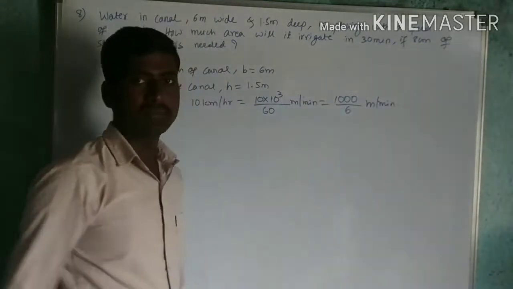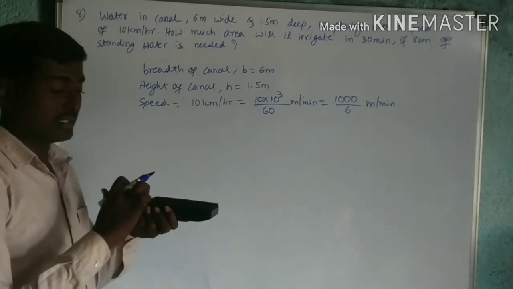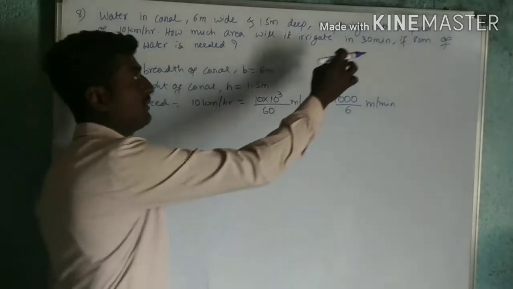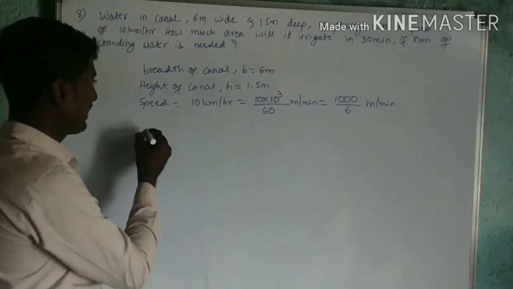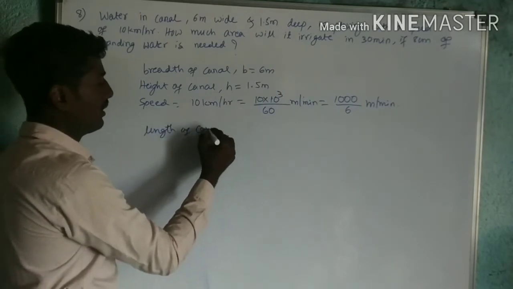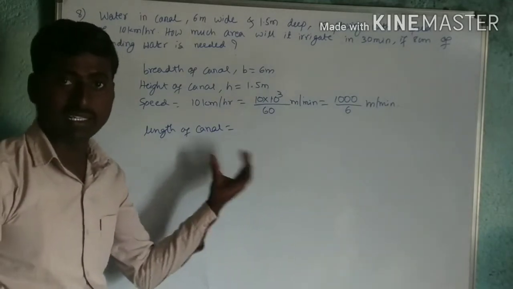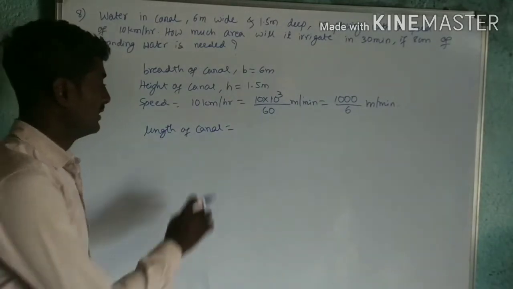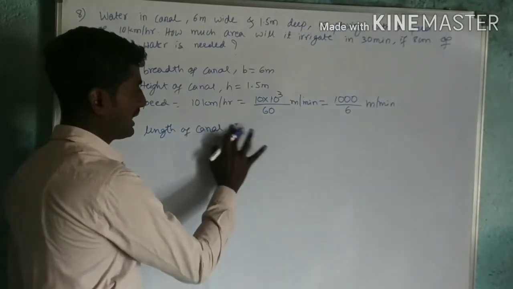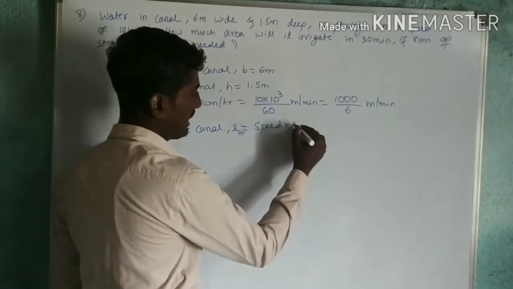This is the speed. But here I want the length, so how much time the water flows: the time taken is 30 minutes. I can take it as the length of the canal, or you can say the length of water that flows through the canal. So the length L is equal to speed into time.